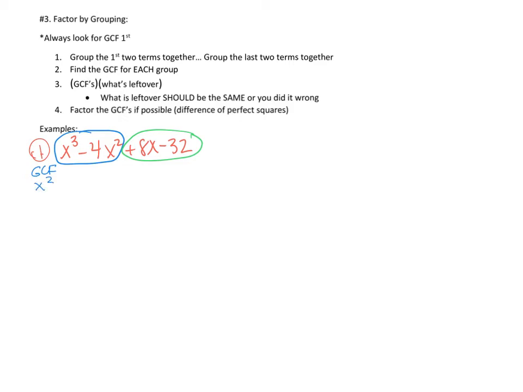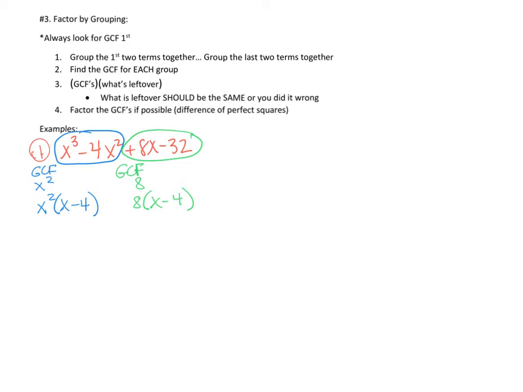If I divide that out, I'd be left with an x minus a 4 there. I'm going to do the same thing in the second set. I'm going to find the GCF between 8x and minus 32. My GCF is going to be 8. If I divide that out, I'd get an x minus a 4.